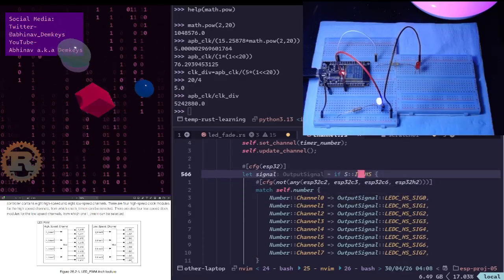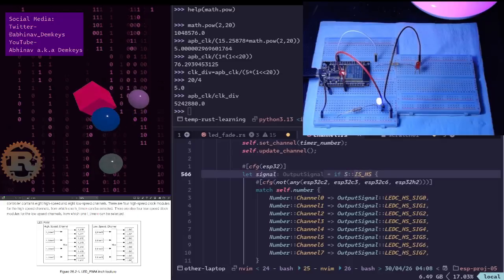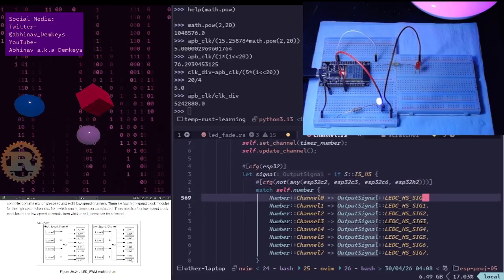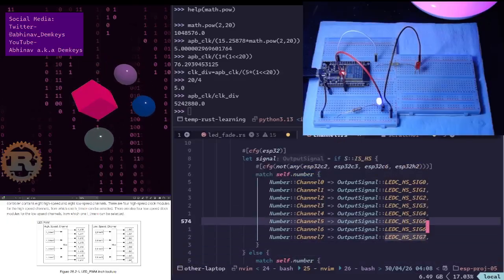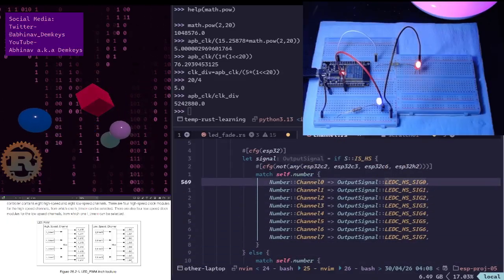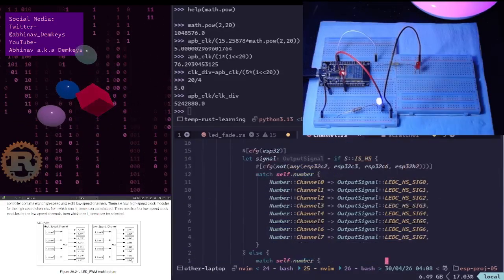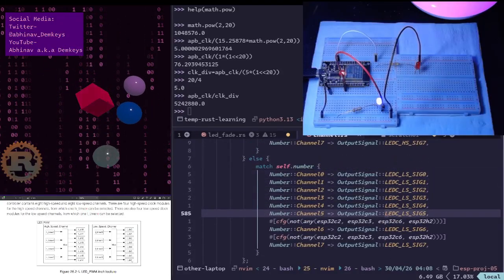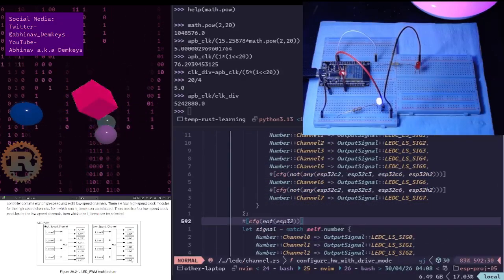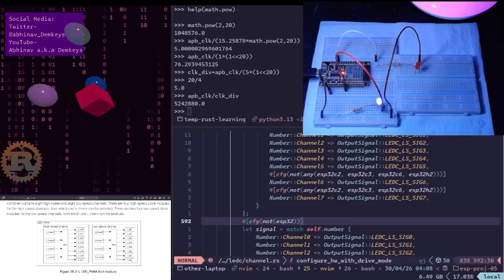If S so and so, then this, else this. Okay, yeah. So in this block, it's the high speed timer, the high speed channels, and in this block, it's the low speed channels. They also have something set up in case it's not an ESP32. So I'm guessing here they're handling platform differences.